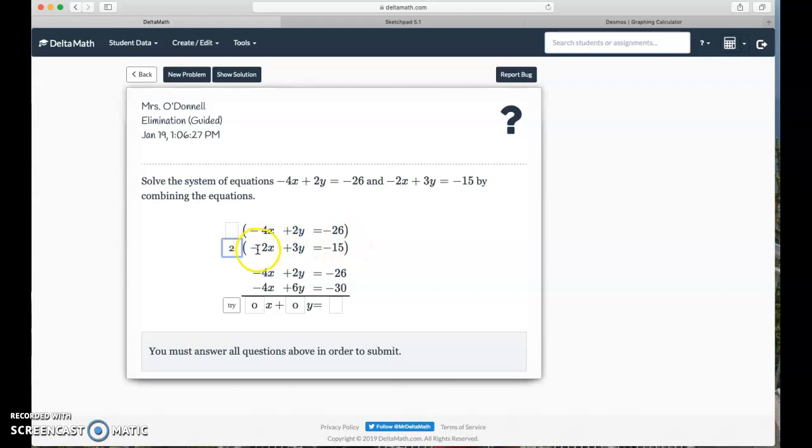So negative 2x plus 3y equals negative 15 is an equivalent expression to negative 4x plus 6y equals negative 30, right?